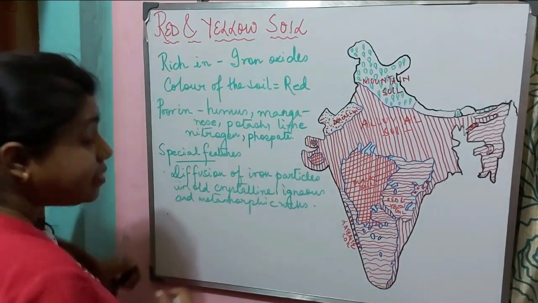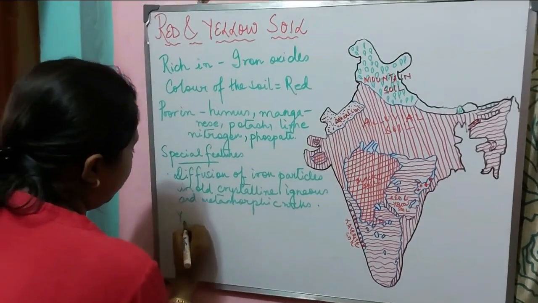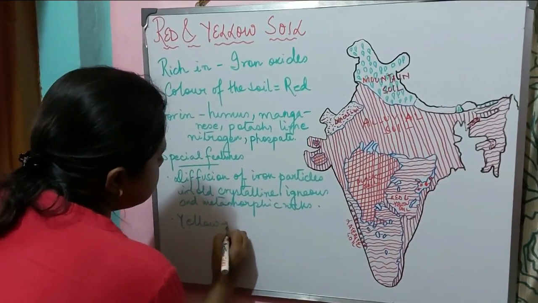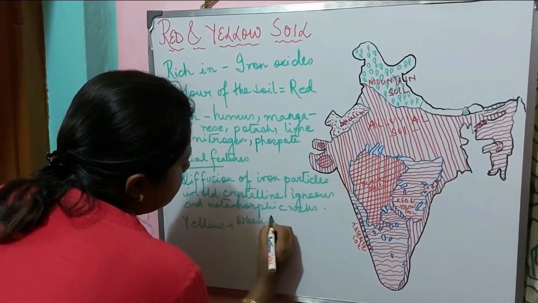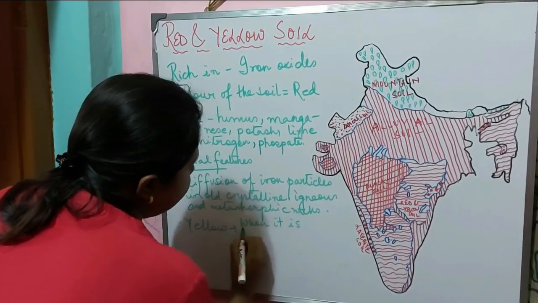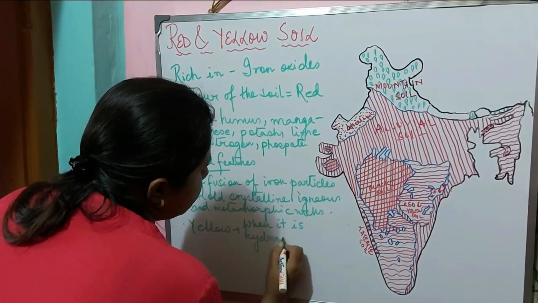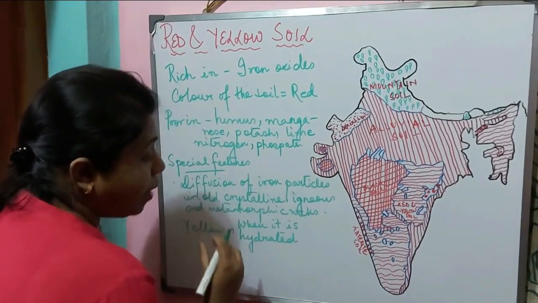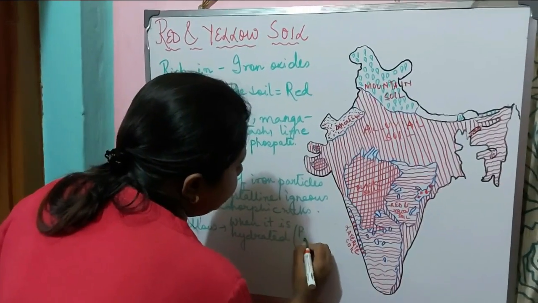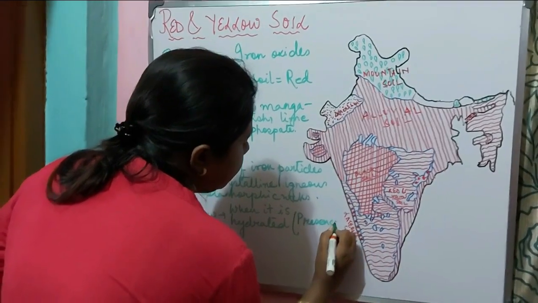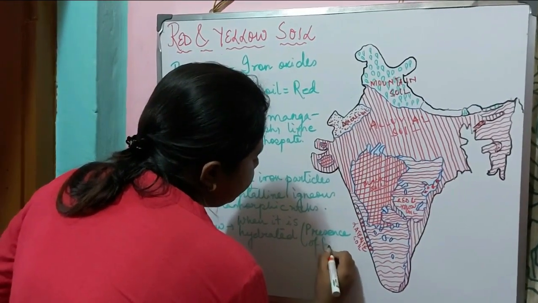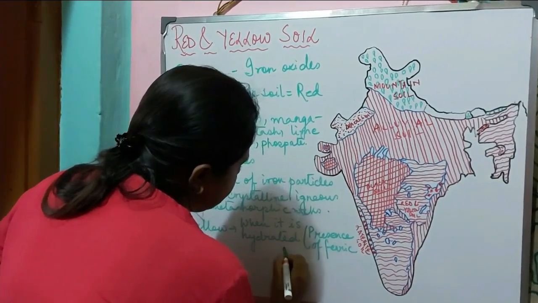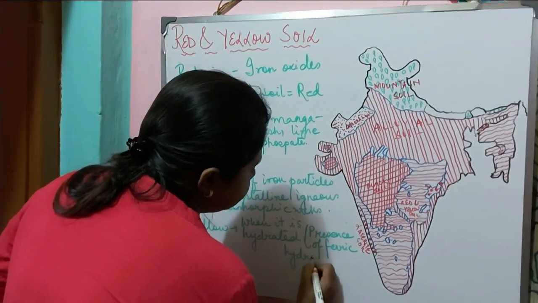It changes its color to yellow when it becomes hydrated. Why? Because at that time, there is presence of ferric hydroxide.